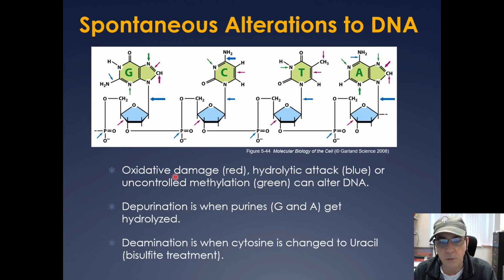Similarly, there's also a strong correlation between alcohol consumption, which when broken down increases reactive oxygen species, which can cause oxidative damage to DNA. And so there's a correlation between heavy alcohol consumption and cancer.